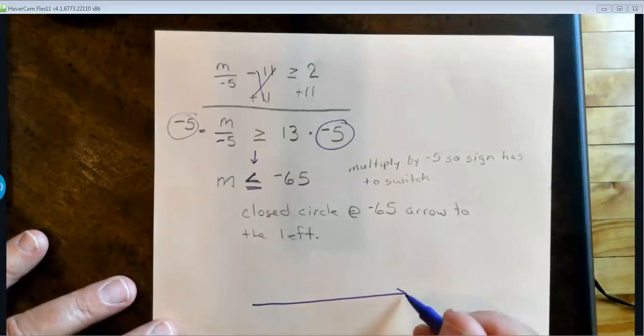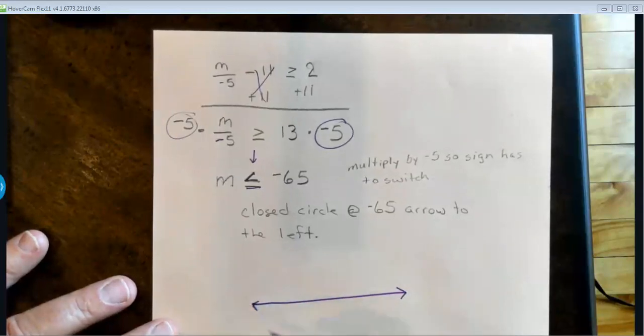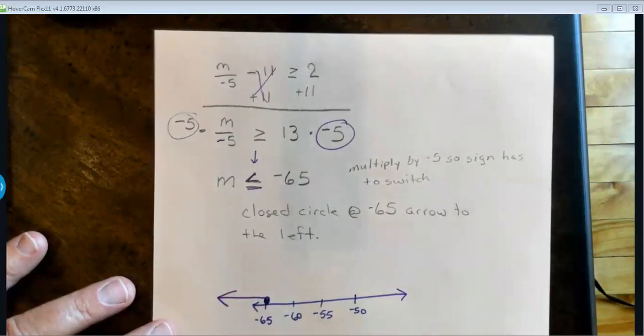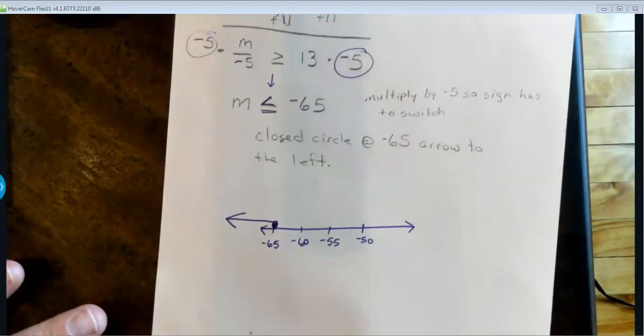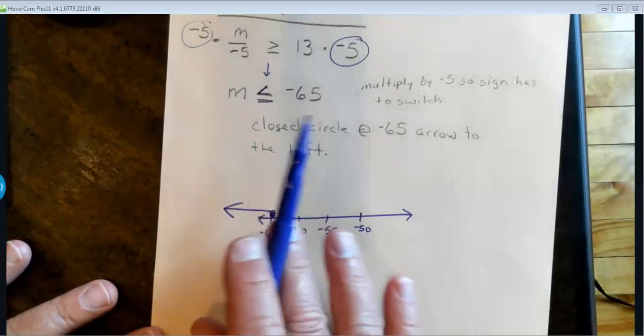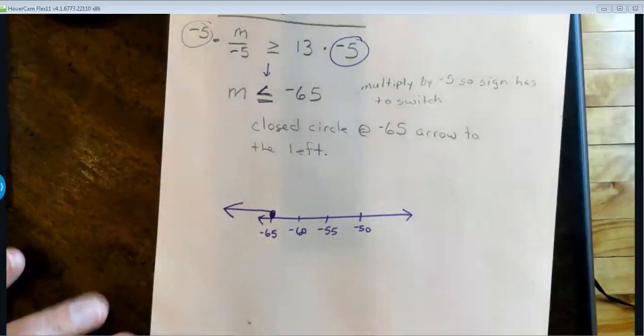So if I had my number line here and I had negative 50, negative 55, negative 60, and negative 65. Closed circle, arrow to the left, showing me anything that I put in that would be less than negative 65 would make that a true statement.